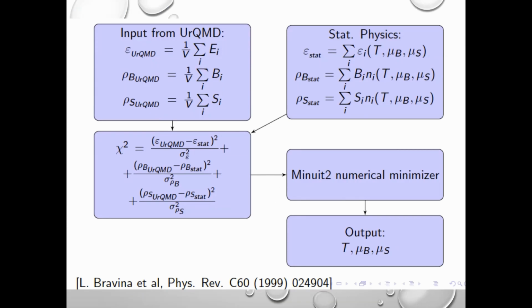Finally, we get the temperature, mu_B, mu_S of a fully equilibrated system, but we have to make the final decision. It means we have to compare, for instance, particle abundances or particle energy spectra, both obtained microscopically and macroscopically, to see if our system is in the vicinity of equilibrium. This procedure was developed about 20 years ago.